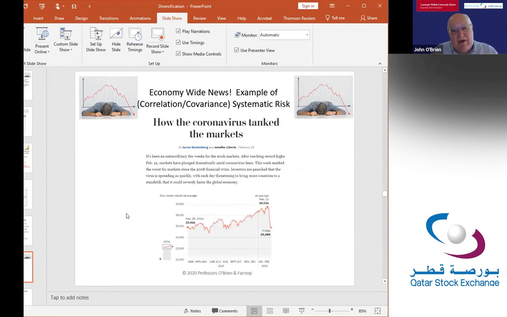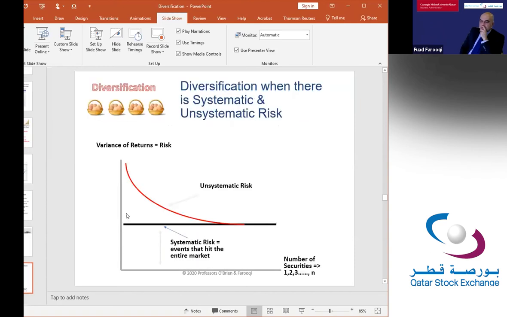Some would say they've recovered too quickly, but they've been recovering. But coronavirus and the crisis of 2008 and in Qatar, the embargo, they're all events that we would refer to as economy-wide impact systematic risk, okay?